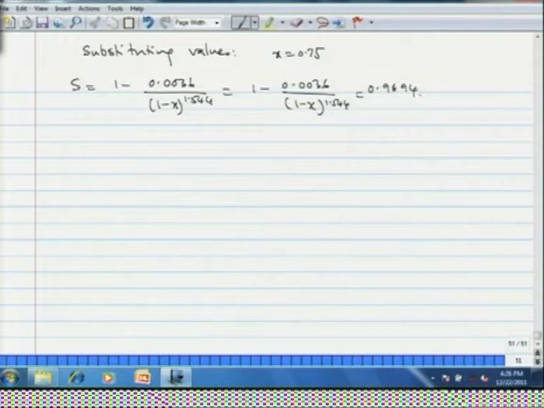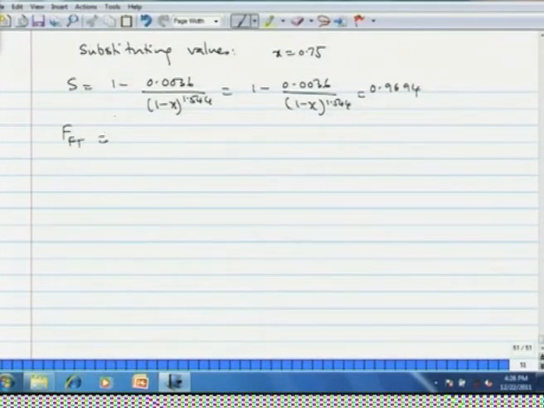The fresh feed rate of toluene will be Pb by S, which is 265 divided by 0.9694, which turns out to be 273.4, that we approximate at 273 mole per hour.